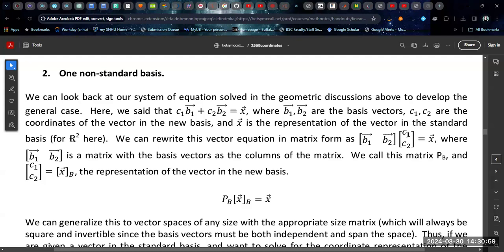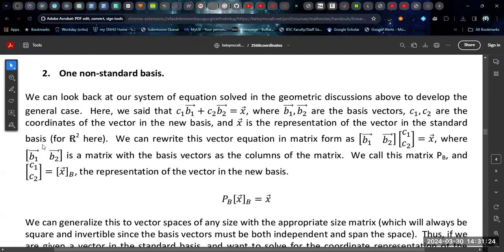And then the coordinates, the things that we're trying to find, like our old x1, x2, the unknowns that we want to solve for, that's our coordinate vector. And then we set that equal to the vector in the standard representation, so in the E1, E2 coordinate system.